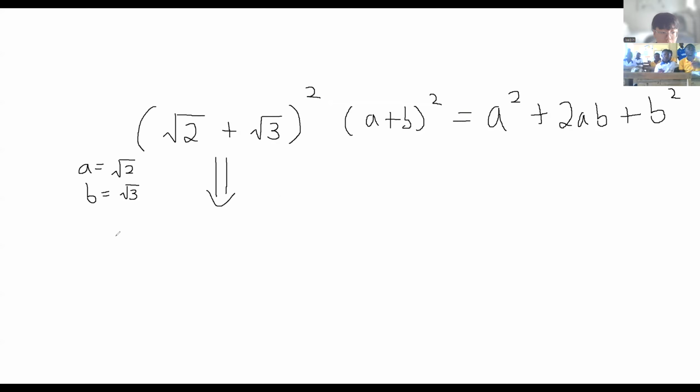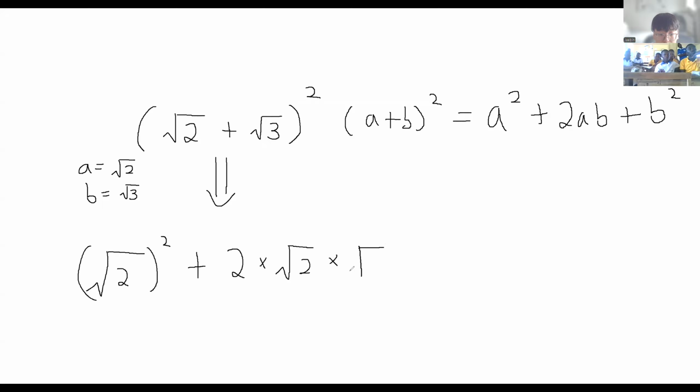So a squared is square root of 2 squared, plus 2 times square root of 2 times square root of 3, plus square root of 3 squared.